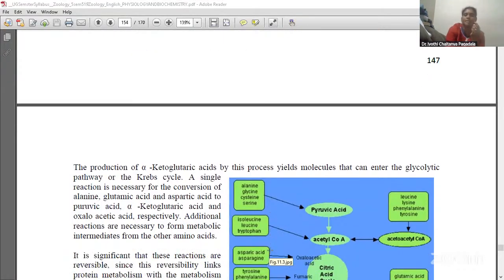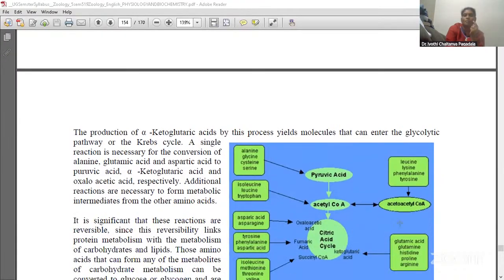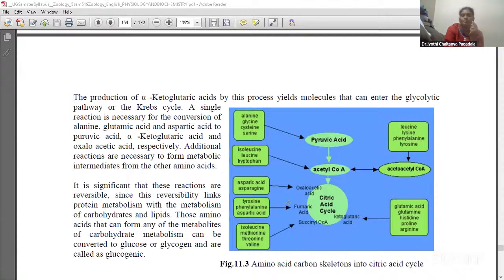Here a single reaction is necessary for the conversion of alanine, glutamic acid, and aspartic acid to form pyruvic acid, alpha ketoglutaric acid, and oxaloacetic acid. In addition to this reaction, there is a necessary formation of metabolic intermediates from other amino acids: glutamic acid, glutamine, histidine, proline, and arginine.